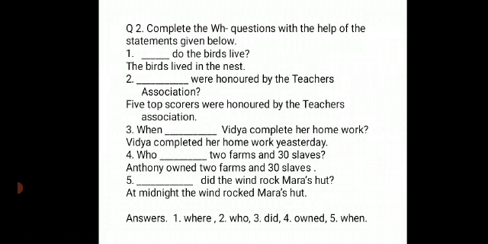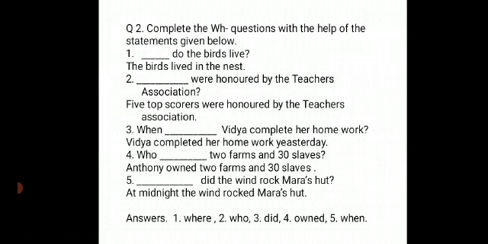Fourth one, again the question is there: Who dash 2 farms and 30 slaves? Anthony owned 2 farms and 30 slaves. Now here you want the proper word. Now, who owned 2 farms and 30 slaves? Because of who, we want the answer Anthony.